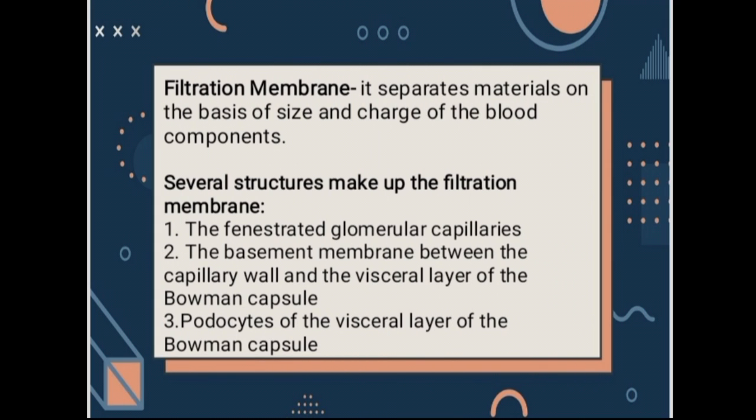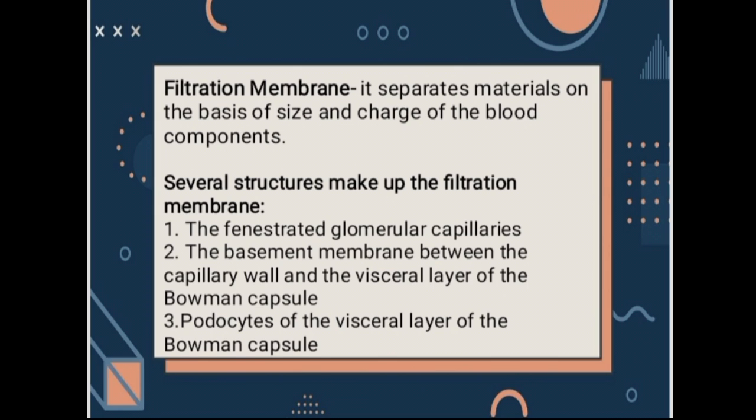The filtration membrane separates materials on the basis of size and charge of the blood components. These are essentially microporous barriers of polymeric, ceramic, or metallic materials which are used to separate dissolved materials or solutes, colloids, or fine particulates from solutions.